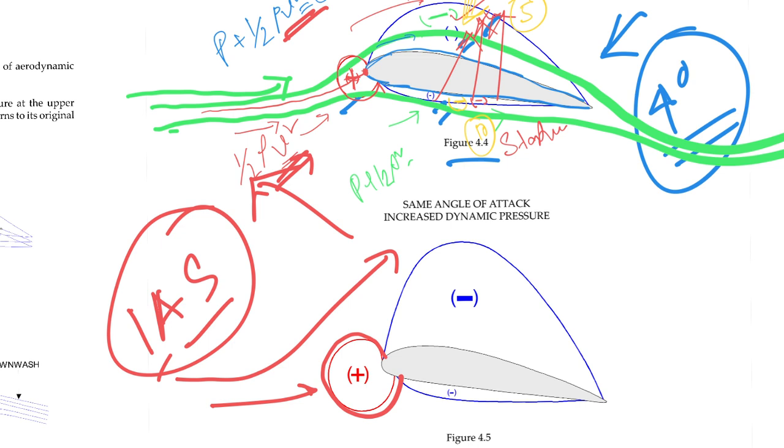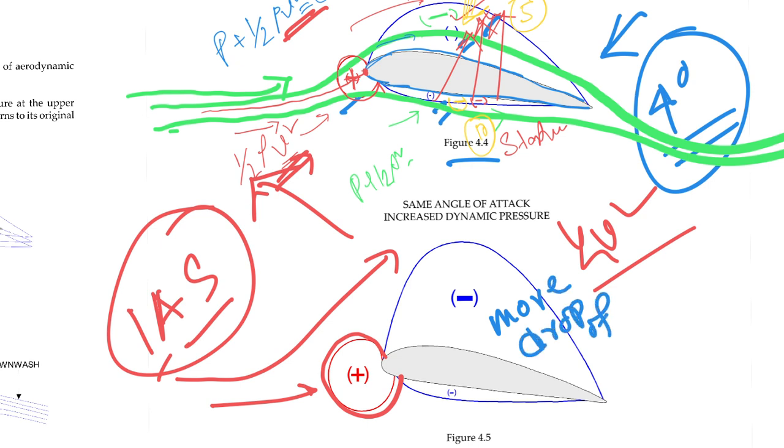Also, because of the more V, half rho V square, your dynamic pressure is more, so your static pressure drop will be more. Here also static pressure drop will be a little bit more, not very much, a little bit more.